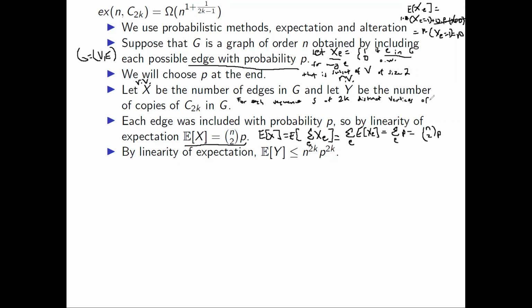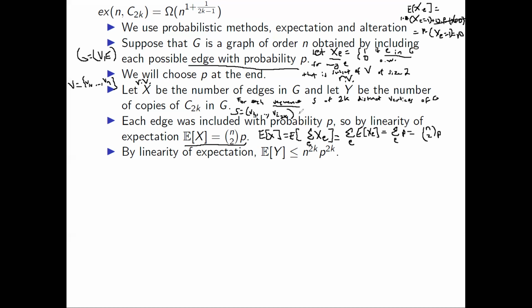So like S equals V of I1 up to V of I of 2k. So just some vertices of G. And we'll say the vertices of G, this set V, will be V1 up to Vn. Okay. So S is just some sequence of 2k distinct vertices. Sequence means the order matters in S.